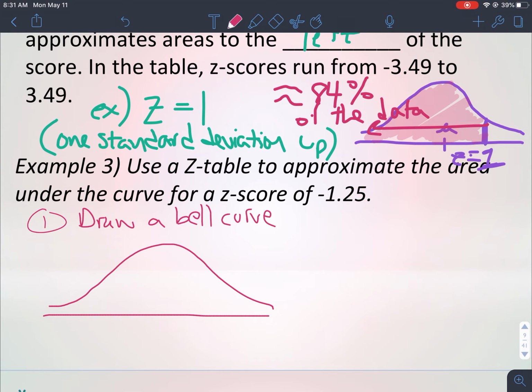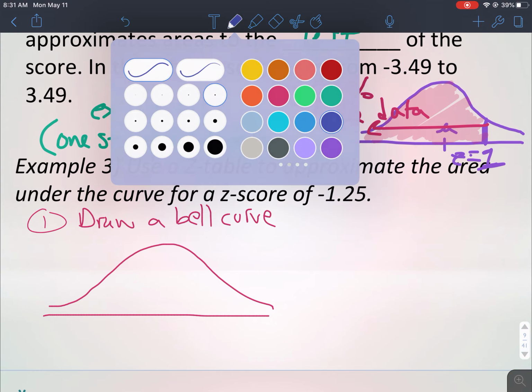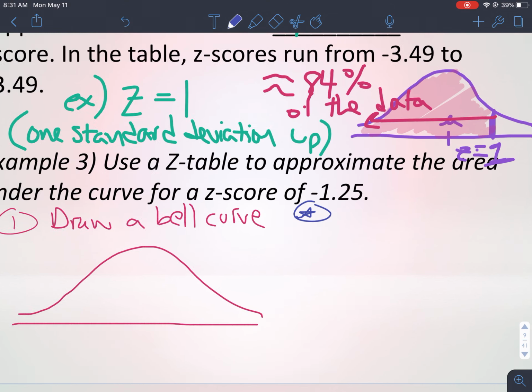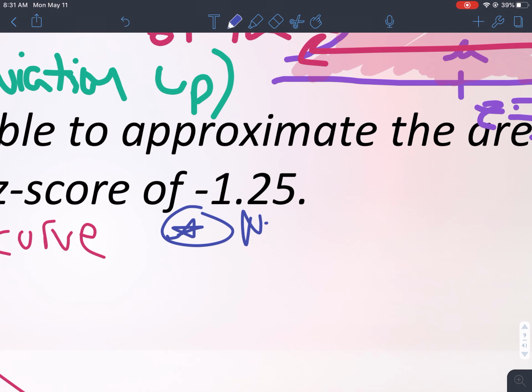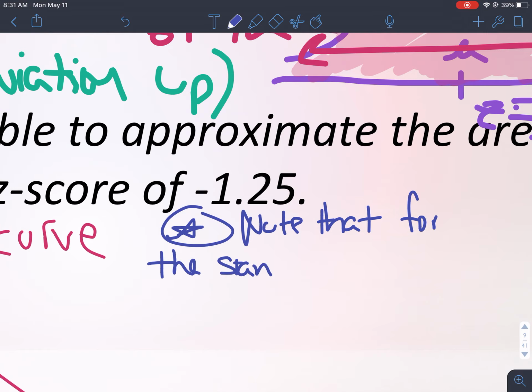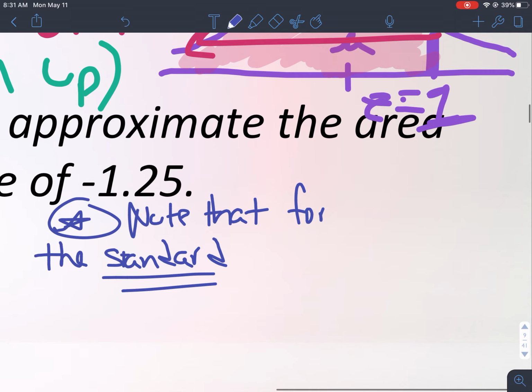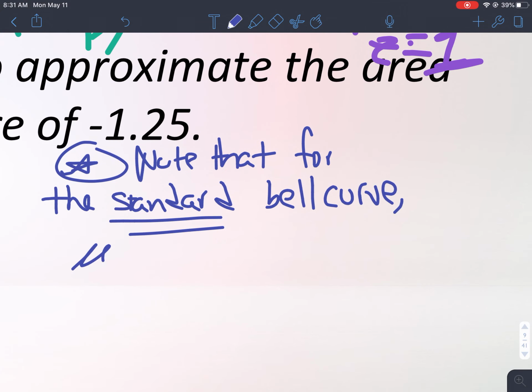So by the way, we have to note that for the standard bell curve, the mean is 0 and the standard deviation is 1.